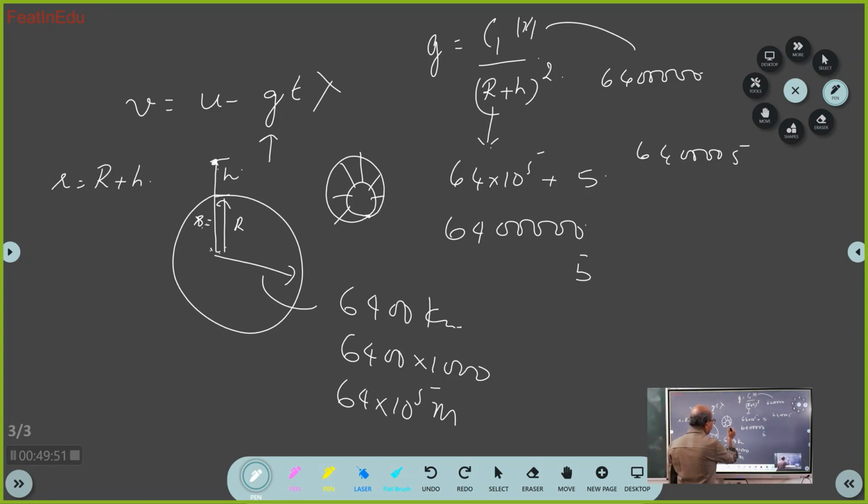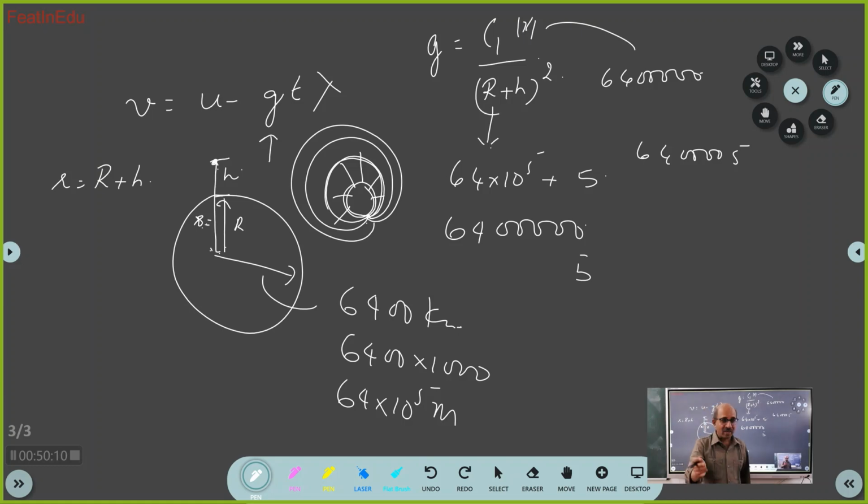And when you go to BSc, you will study still higher, and in MSc higher still. So at the first level, you study that acceleration due to gravity is constant. At the second level, you will study that acceleration due to gravity is not constant. At the third level, even Newtonian mechanics you will not use. You will use special theory of relativity and study gravity again.